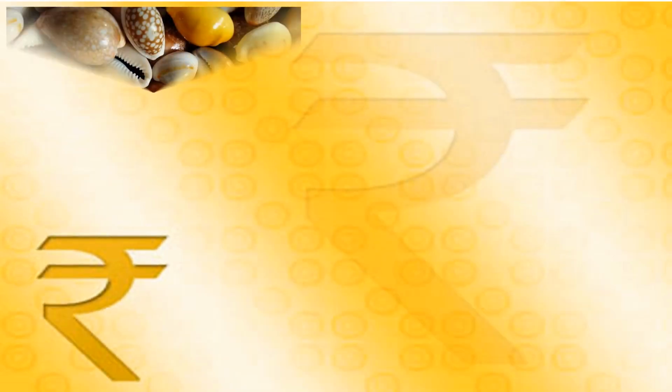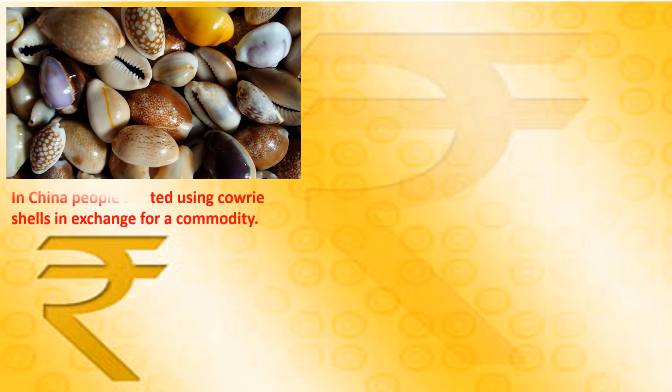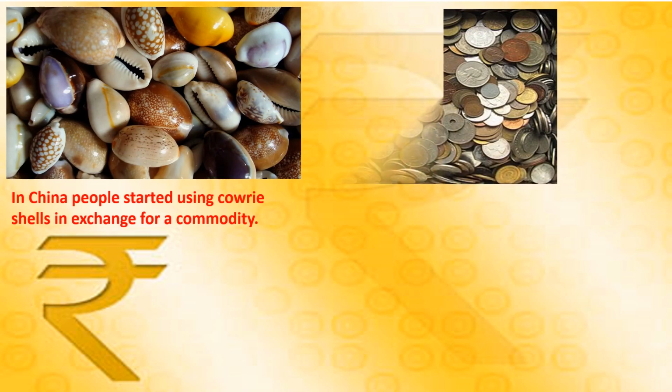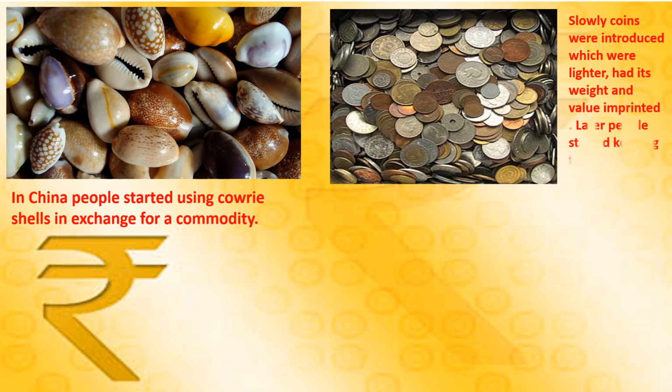Time passed and slowly in China, people started using cowrie shells in exchange for a commodity. Slowly, coins were introduced which were lighter and also had the weight or the value imprinted on them.